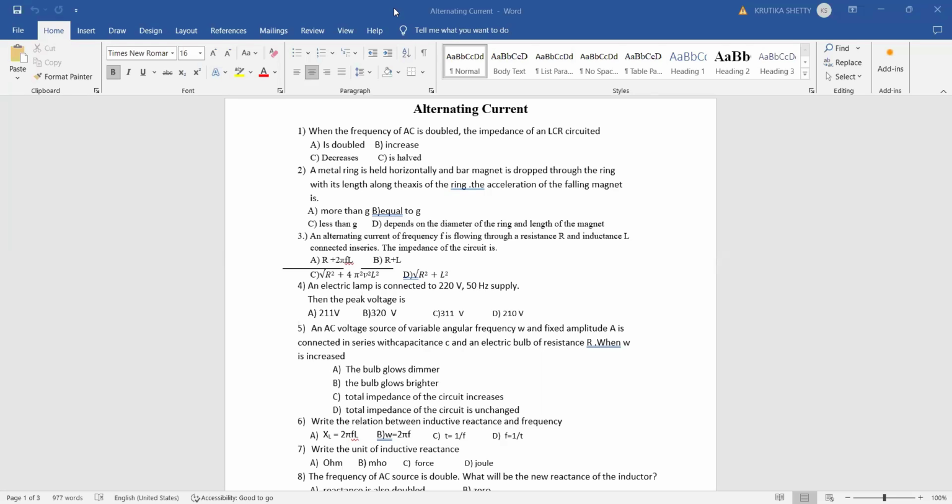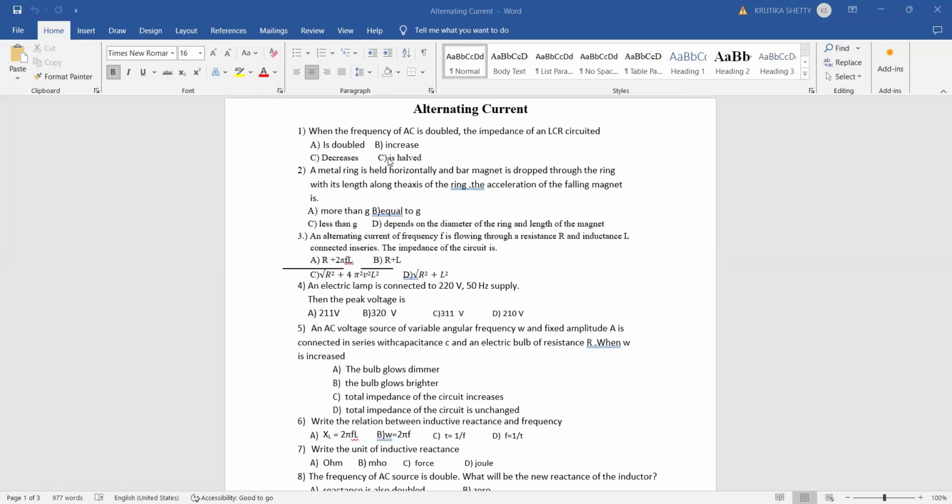See the formula list. Open the formula list and check. When the frequency of AC is doubled, what happens to the impedance in the LCR circuit? So it is option C here, students. Actually C, it is reduced to half.